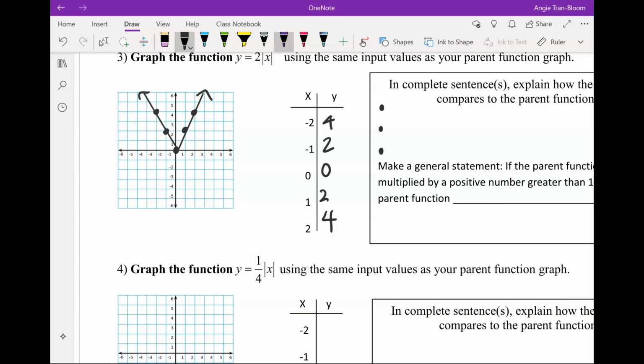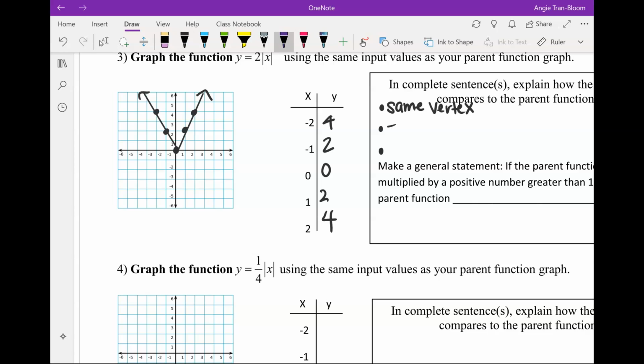Mariana, what's one comparison that you came up with to the parent? Same vertex still, excellent. I like it. Okay, and what's another comparison? Han, what's your comparison to the parent if you have one? Ooh, I like it. What do you say, thinner? Skinnier and taller.